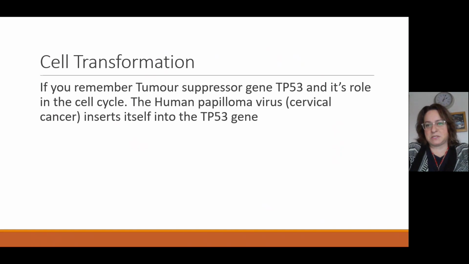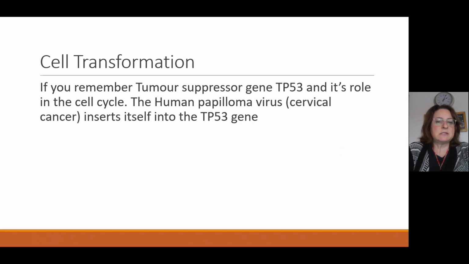You have met TP53 before when we discussed the cell cycle and the checkpoints in the cell cycle, when you've got mitosis and do we now move on to the S phase? Do we move on to G2 and so on? So you need to have those checkpoints. The tumor suppressor gene is making a protein that does that proofreading role.